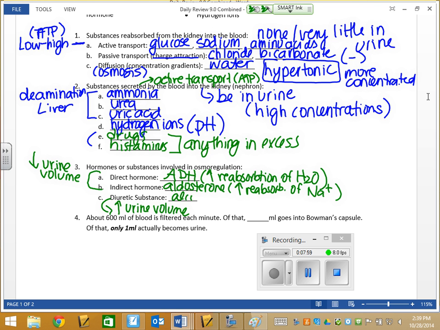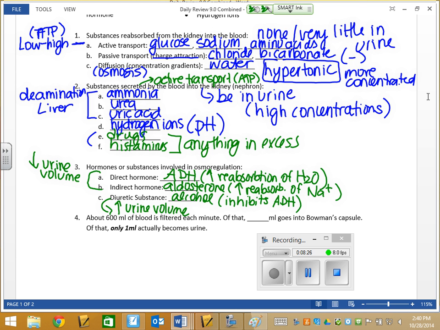And so on this list, I had alcohol as the diuretic substance. Caffeine could also fit there. But the idea is that specifically for alcohol, alcohol inhibits ADH. So it makes your brain not realize that it needs to produce ADH.